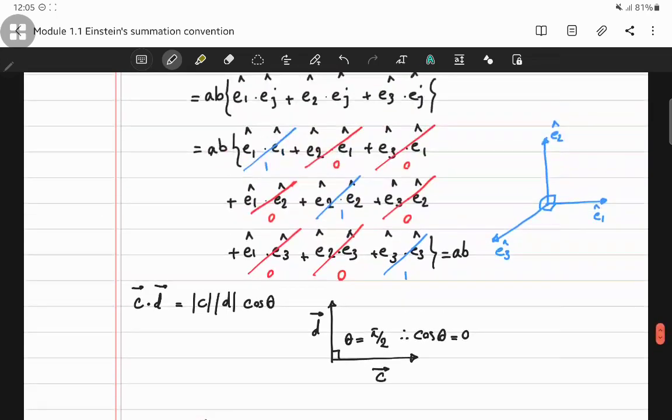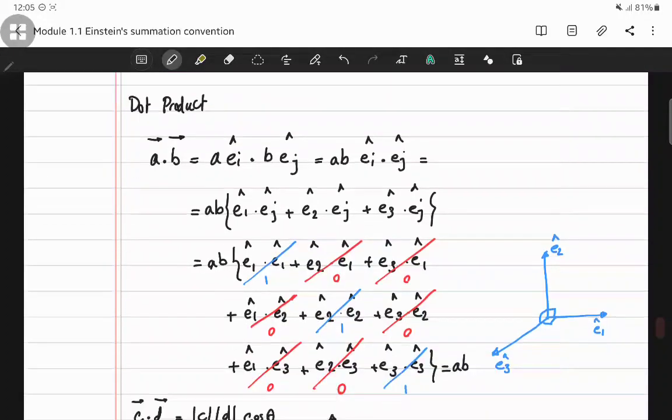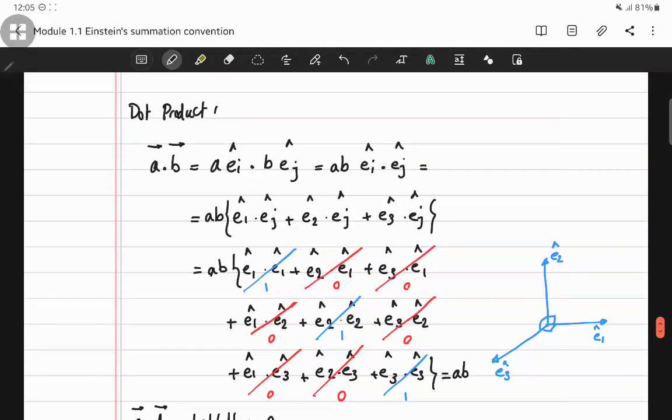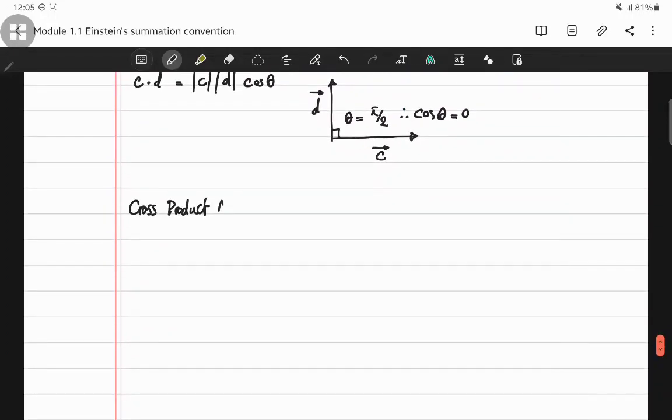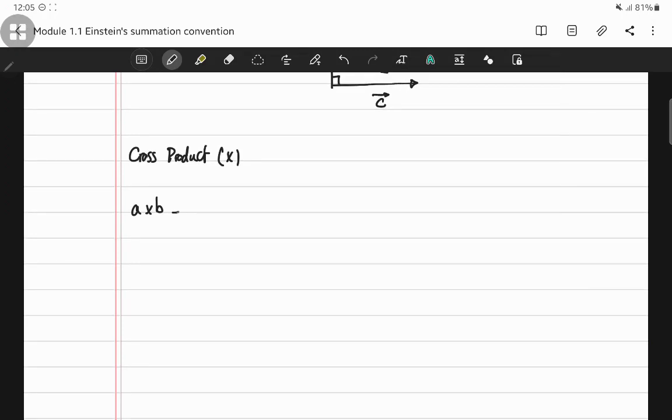The cross product, we show the dot product with a dot here, and here we show the cross product with a cross. So let's say A cross B, we say that A_i e_i cross B_j e_j. And so we have this A and B as the magnitude, so we can take it out, and then we have e_i cross e_j.